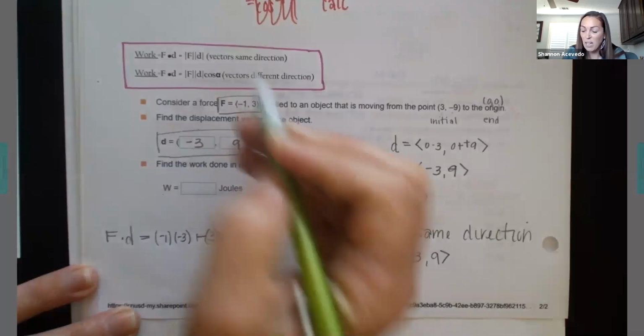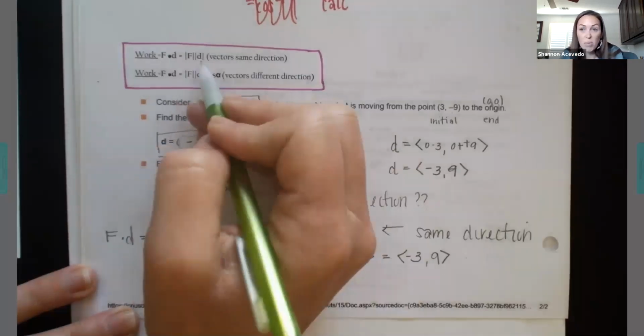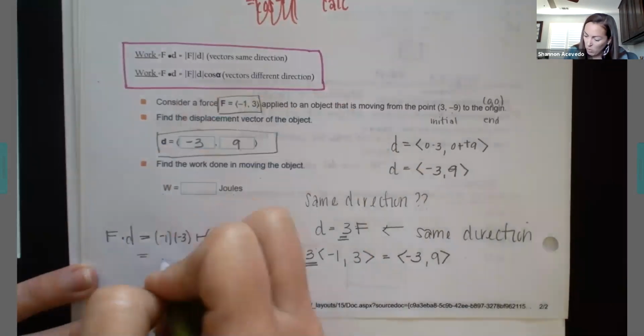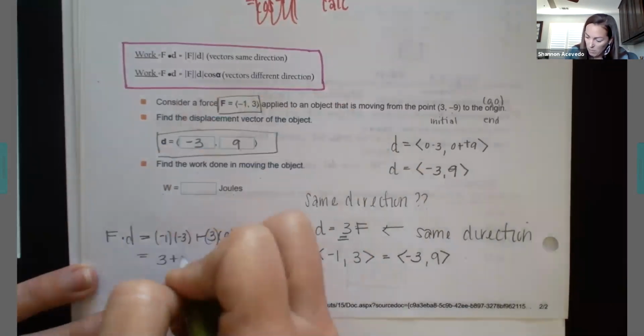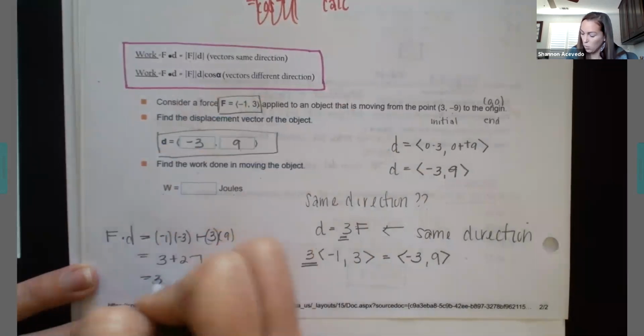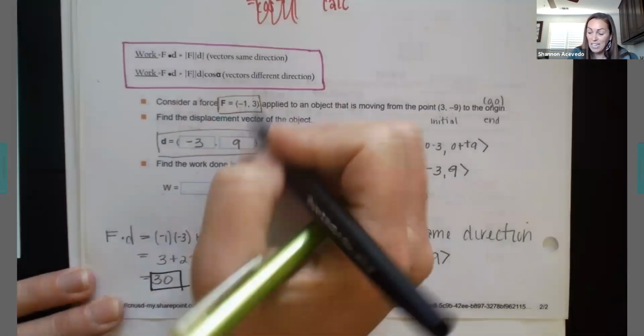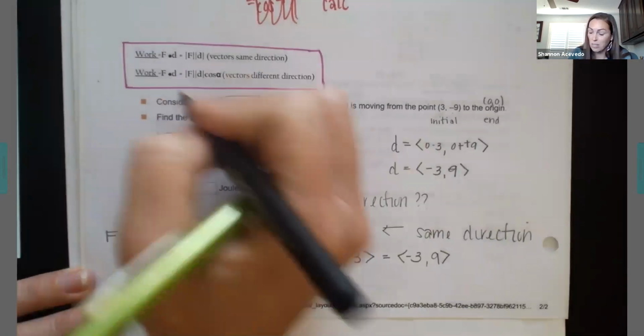If I had the magnitudes of them, then I would use that. I don't need to. Equals 3 plus 27 is equal to 30 joules. So again, I can easily figure out, since I know F and D, I could just do their dot products.